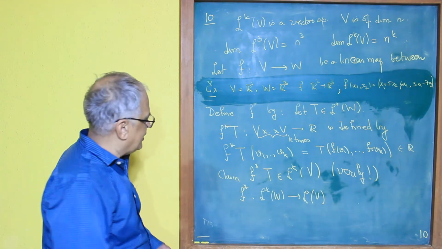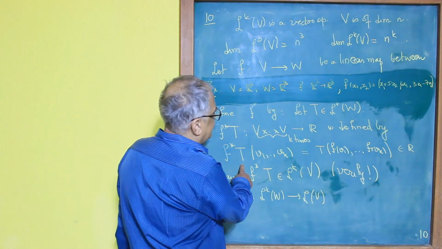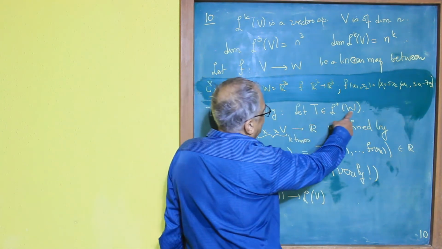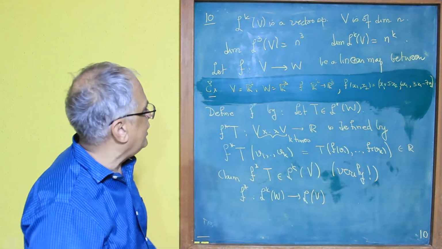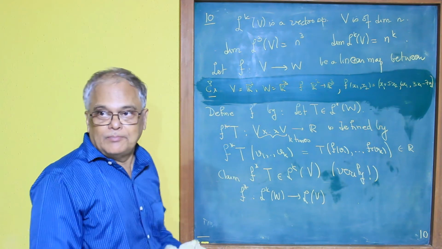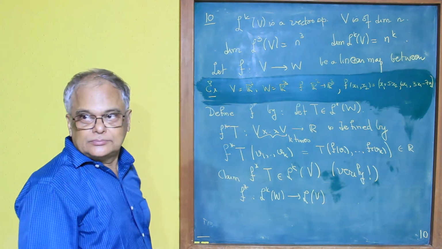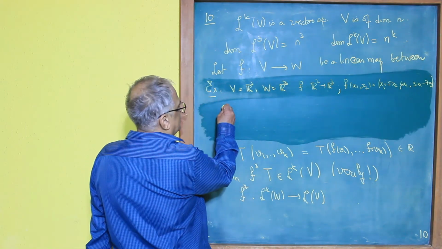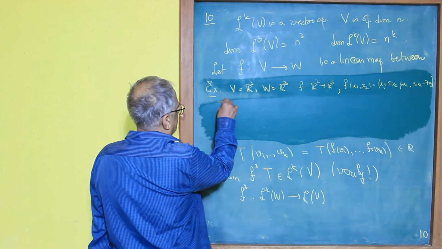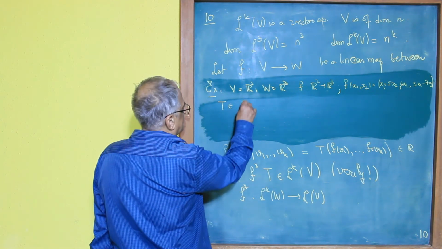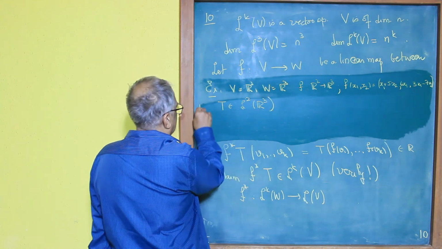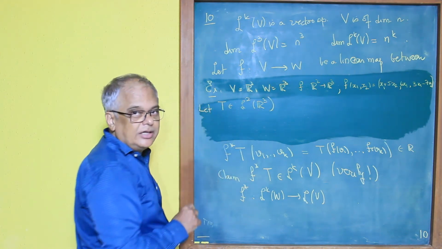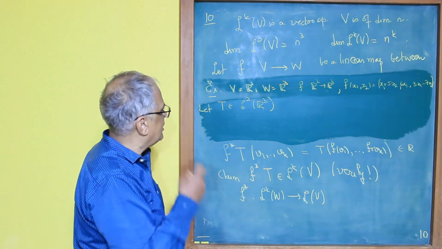Then I have to give you a T. Where is T? T should be in L^k(W). So I'm going to have an element in L^k(R3). Let T be in L^2(R3).